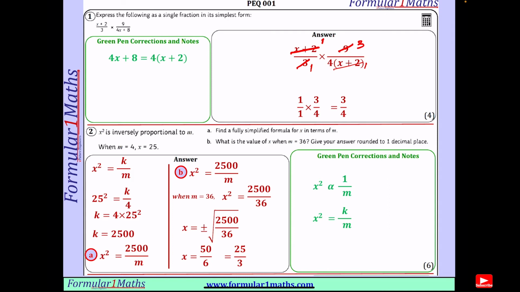And using your calculator, and you're allowed to use a calculator in this question because it shows here that it's a calculator question, you're going to get 8.3 to 1 decimal place as required by the question. So that is question 2.